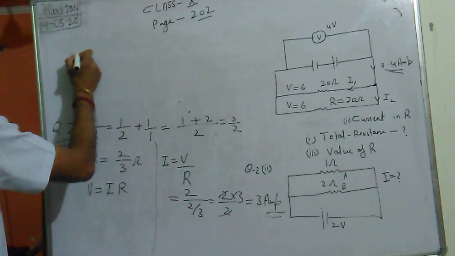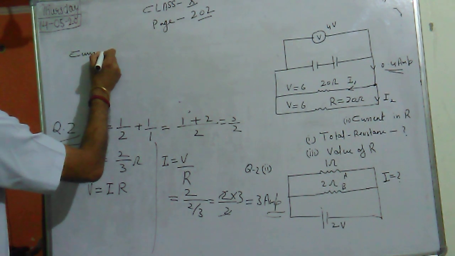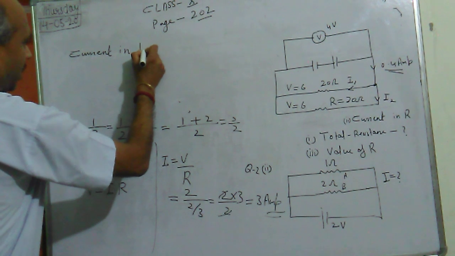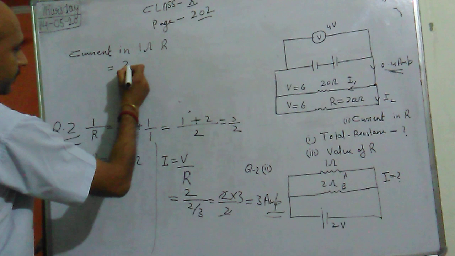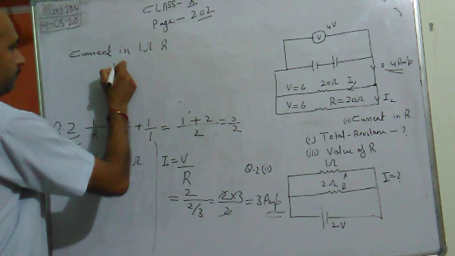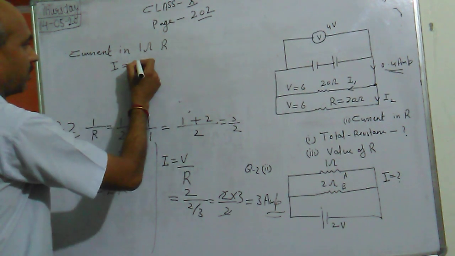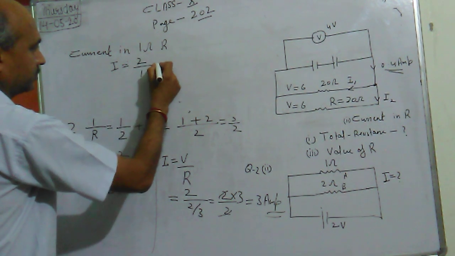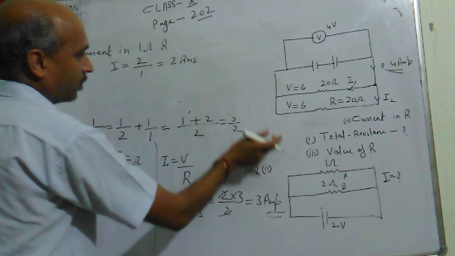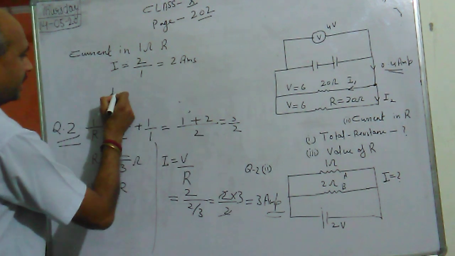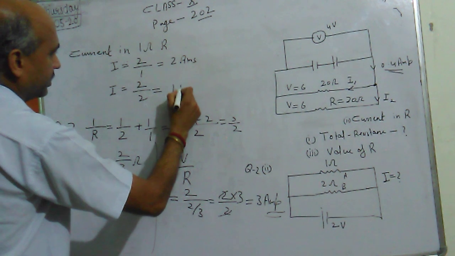So the current in the 1 ohm resistance: again the same formula, I equals V upon R. V is 2 and R is 1, so I can say 2 ampere. And for the second one, again I equals 2 upon 2, so it is 1 ampere.